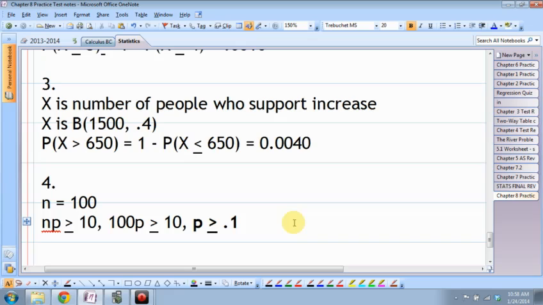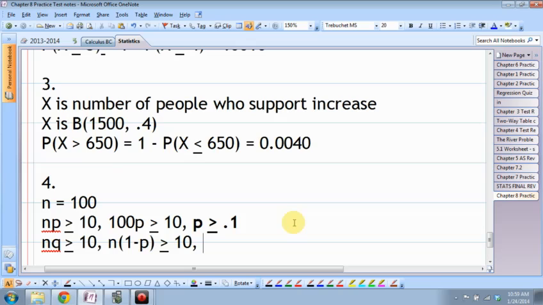But that's not the only thing that has to be true. NQ also must be greater than or equal to 10. Which is like saying that N times 1 minus P is greater than or equal to 10.